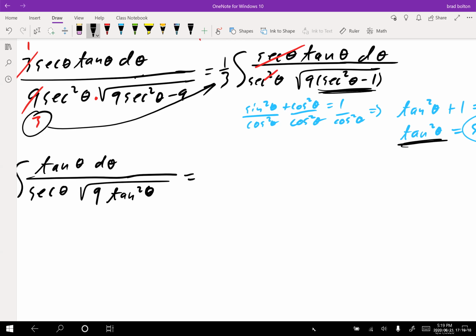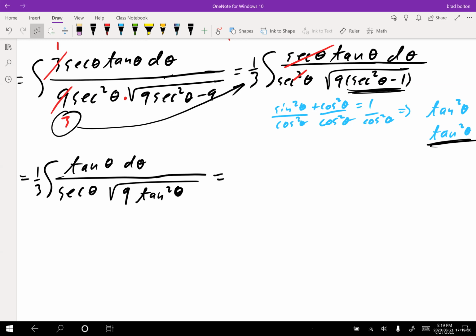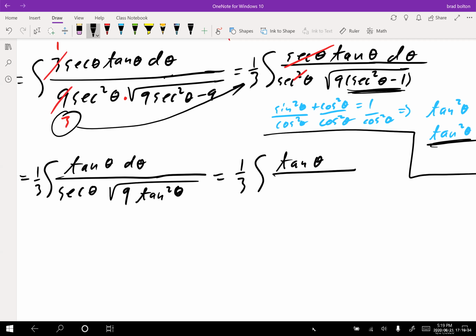Now you may not think that that's important, but now it's a multiplication problem. It is no longer addition, subtraction, and they're perfect squares. So we now have 1/3 integral tan theta over, let's see here, secant theta. Now the square root of 9 is 3, times 3. The square root of tan squared is tan theta d theta. Now we can do some more canceling.